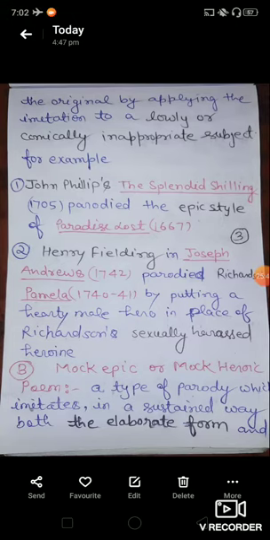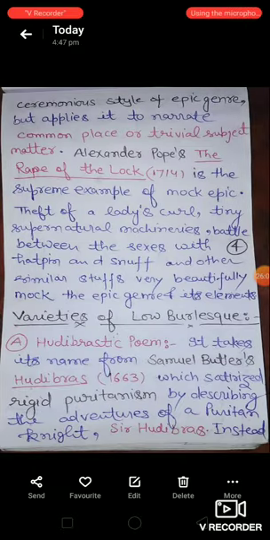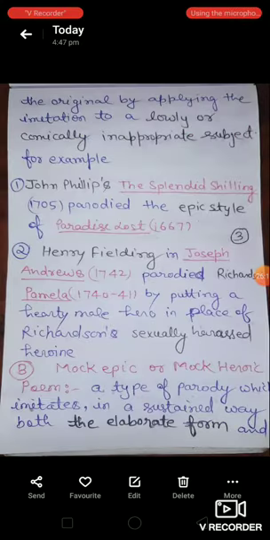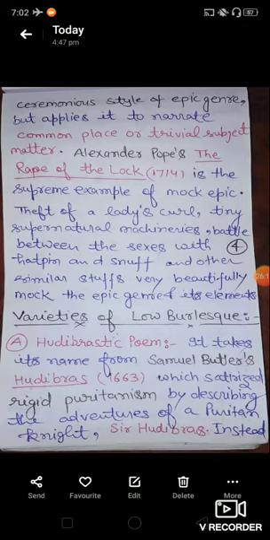A type of parody which imitates in a sustained way. What does it imitate? It imitates in a sustained way both the elaborate form and ceremonious style of epic genre. Mind it, epic genre is in the center, and its form and style.